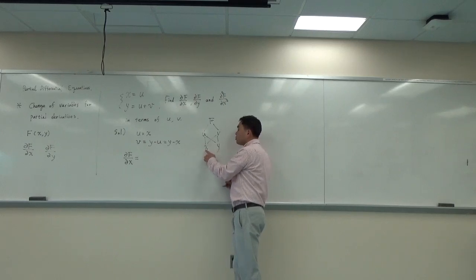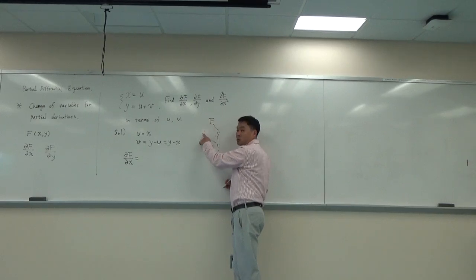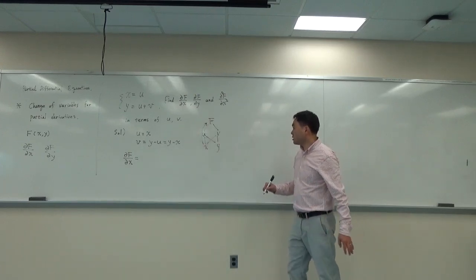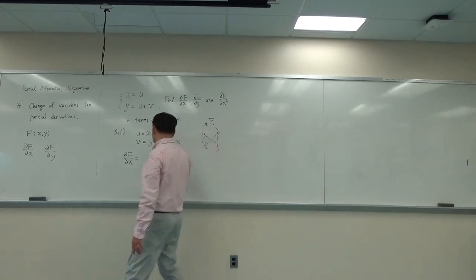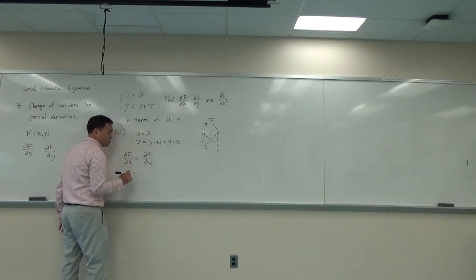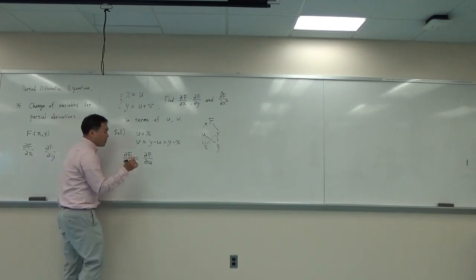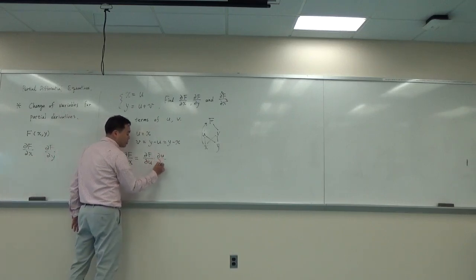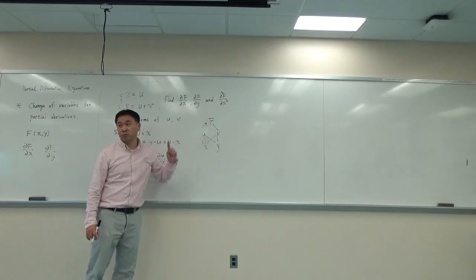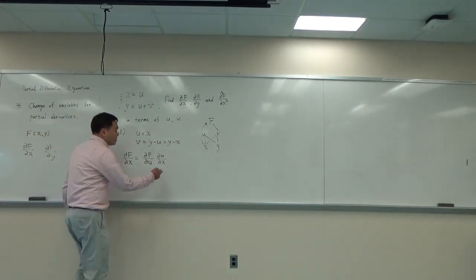There are two things you have to consider if you want to know how F changes when you change X. One is that when you change X, it changes U, and then it changes F through U. This route of influence is calculated in the following way: measure how much F changes when you change U, and multiply that by how much U changes when you change X. That measures how F changes going through U. But that's not all.